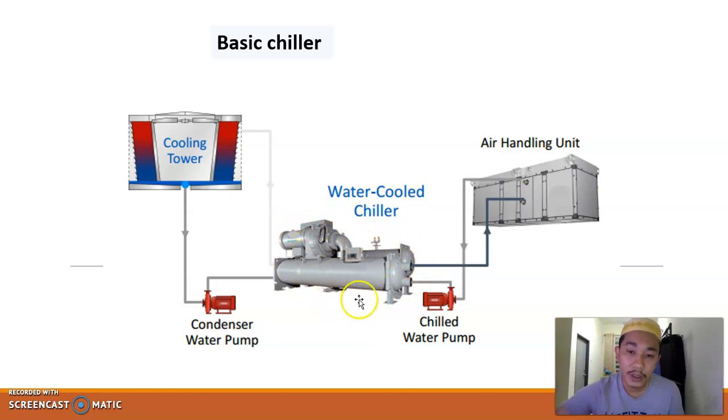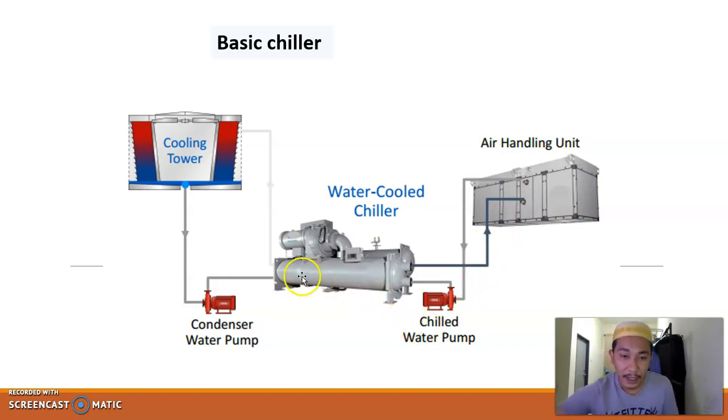The water cooled chiller is the equipment that creates the chill water. The chill water goes through the chill water pipe to the air handling unit or the fan coil unit, and it is pushed by the chill water pump.